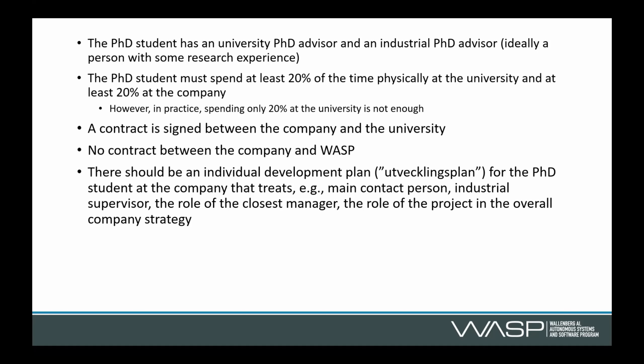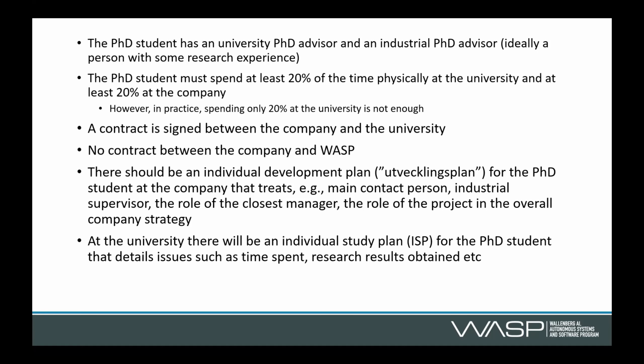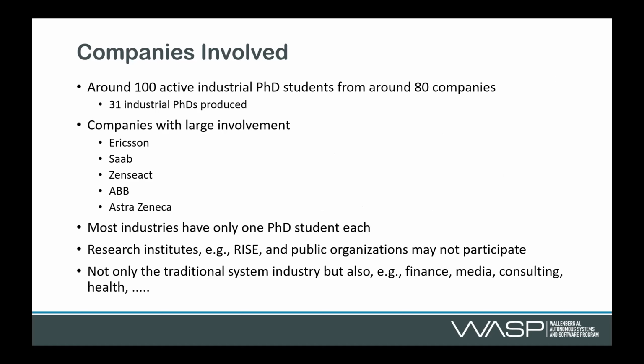Who is the main contact person at the industry, the industrial supervisor, the role of the closest manager, the role of the project in the overall company strategy, and so on. So there should be an industrial development plan. But then at the university, there will also be an individual study plan, and that is what all PhD students have. That details issues such as time spent, research results obtained, conferences attended, and things like that.